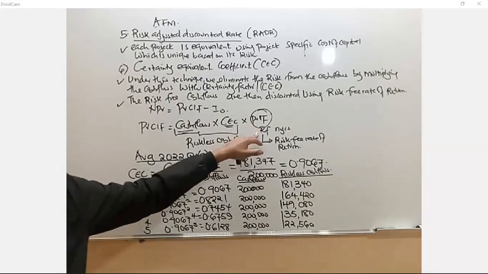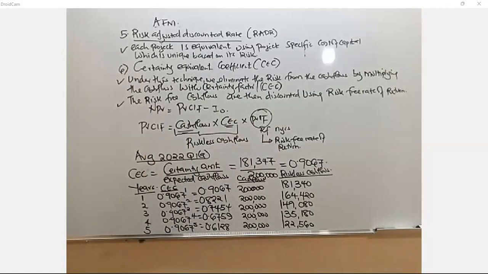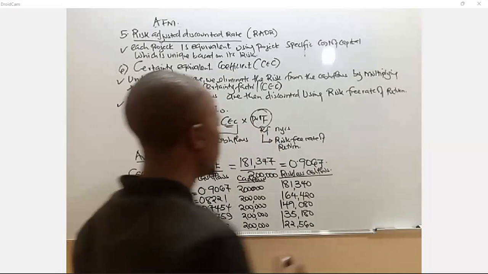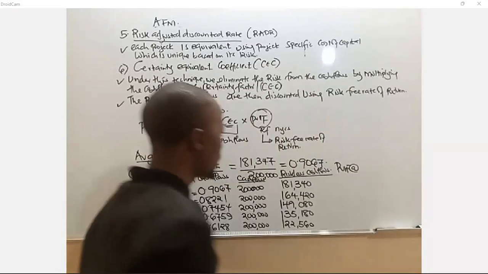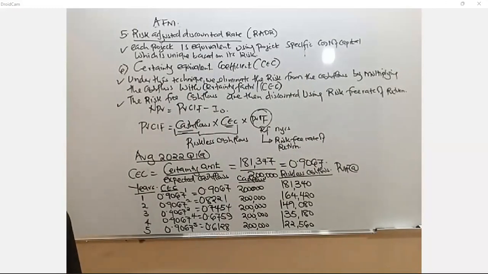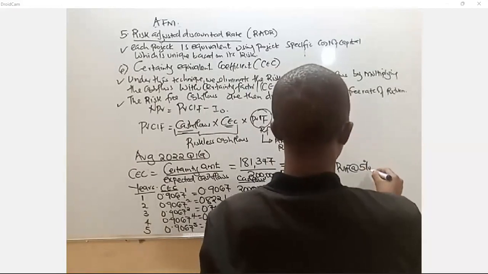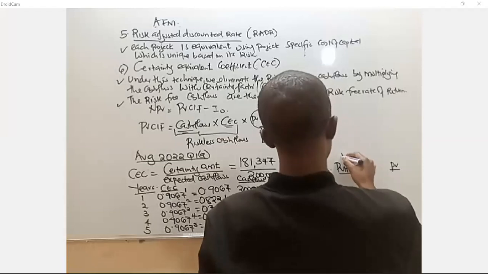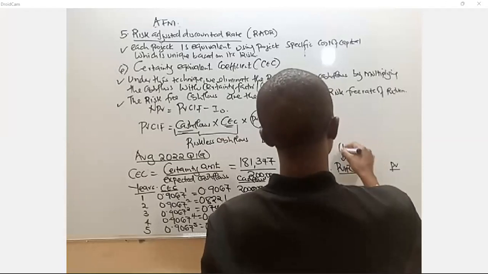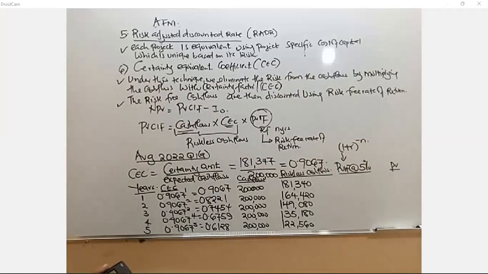We said once we get all these, once we get the riskless cash flows, then we can discount using the risk-free rate of return to get the present values. So in this case, let us use the present value interest factor at which rate? The rate which you have been given as per the risk-free rate of return, you have been given 5%, so that we can arrive at our present values. The formula is (1 plus r) raised to negative n. Let me start with the first one, 1.05 raised to negative 1.